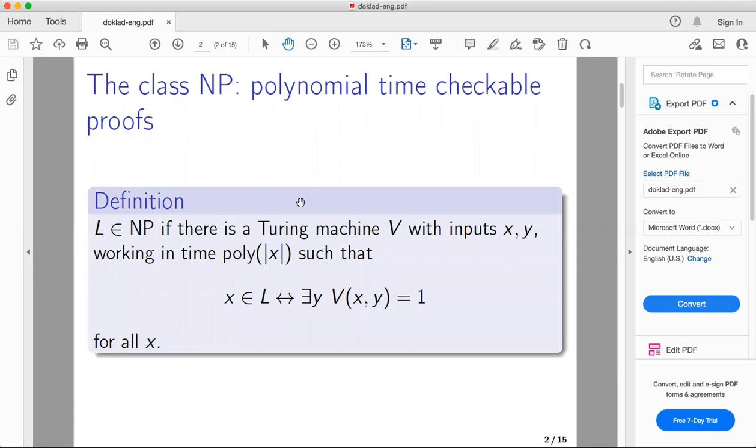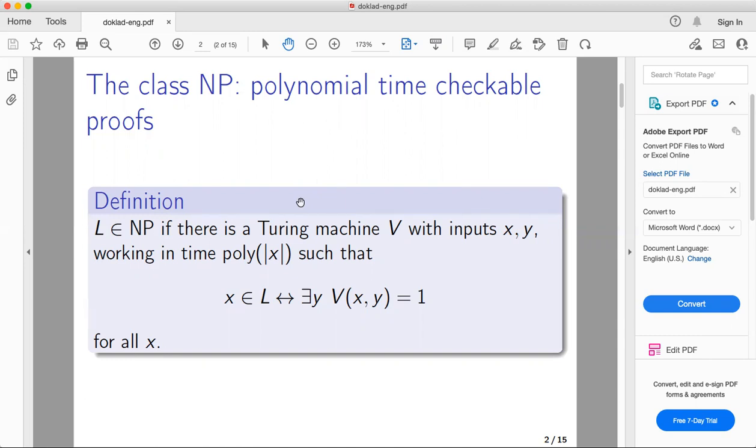For all strings X, X is in L if and only if there is a Y such that V on the input X and Y outputs 1. Here V is understood as a proof checker. It outputs 1 if Y is a valid proof of the membership of X in L and 0 otherwise.